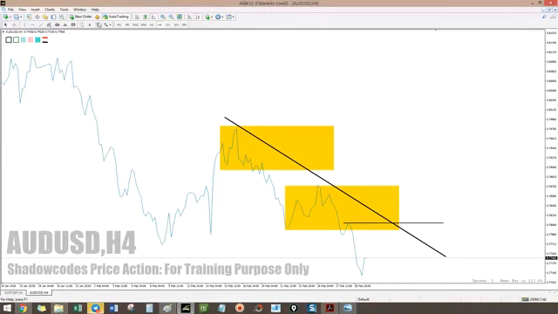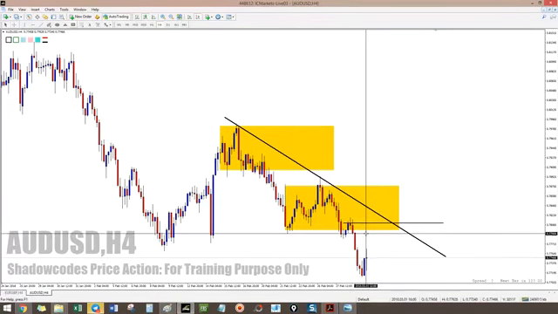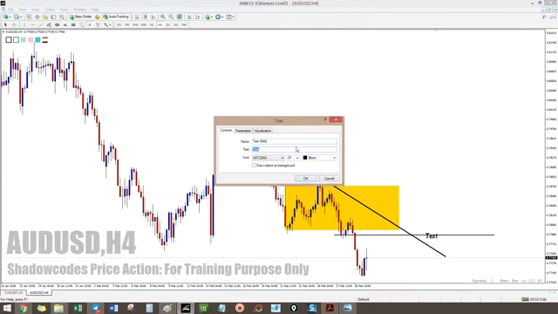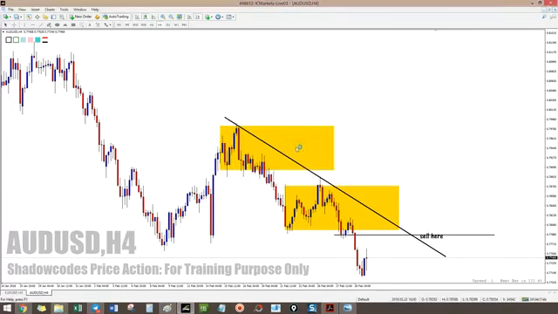So this is still participation. So it should be, oh wait a moment. You should be selling here. This is a good place to sell. Sell here. If you want to follow this, make sure you're using a demo account or you manage your risk carefully.